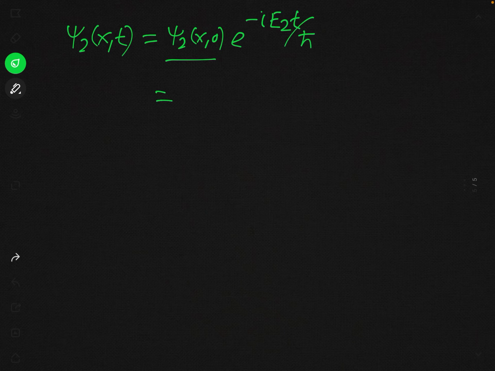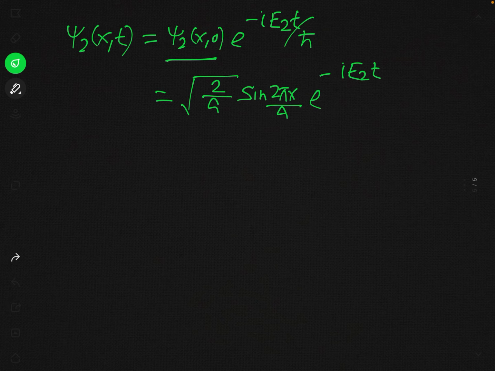Now let us substitute the value of psi2 of x. This is in fact square root of 2 over a sine 2 pi x over a, times e raised to the power minus i E2 t over h bar.